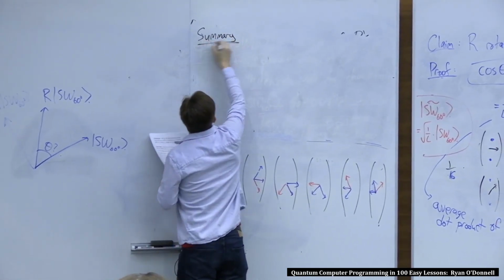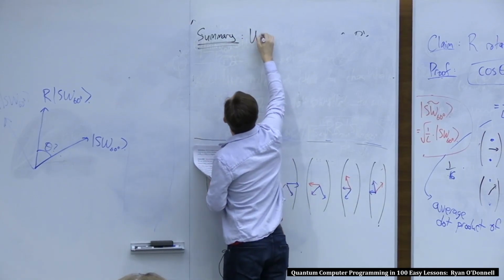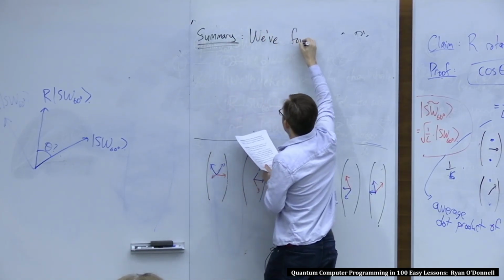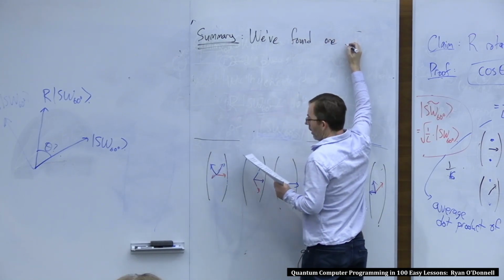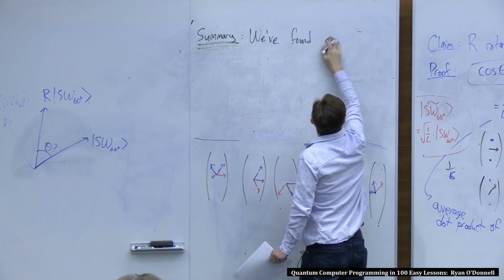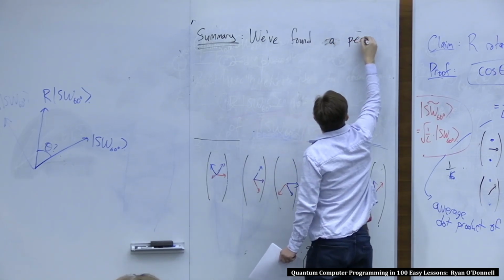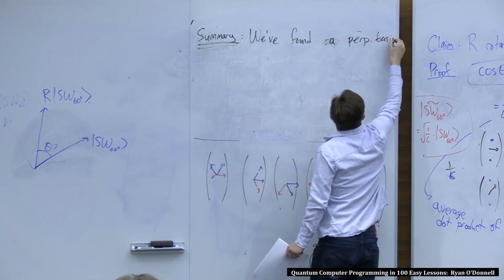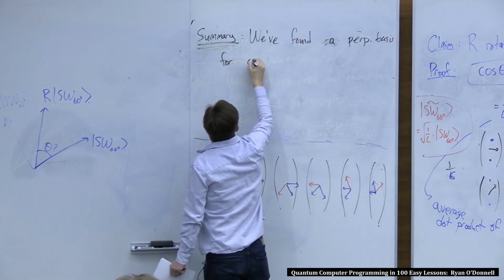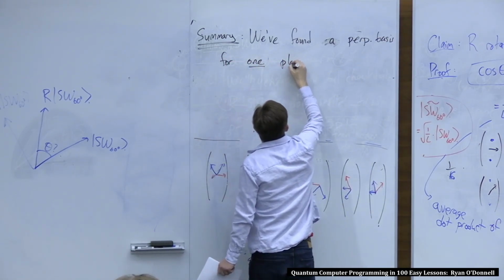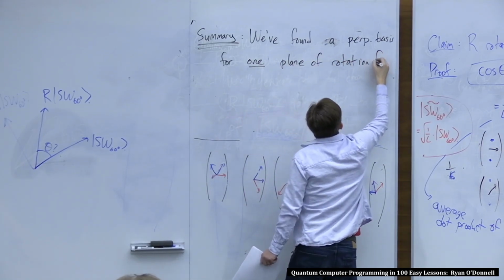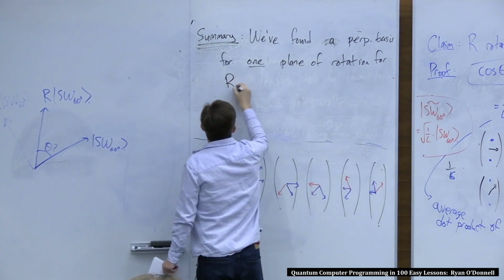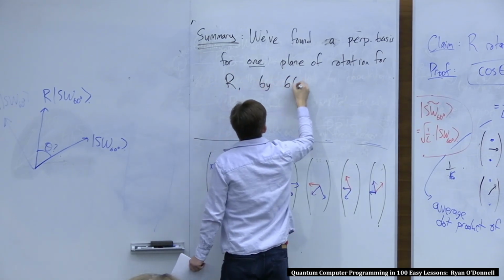So the summary so far is we found one, well, let's say perpendicular basis for one plane of rotation for R, and it's by 60 degrees.